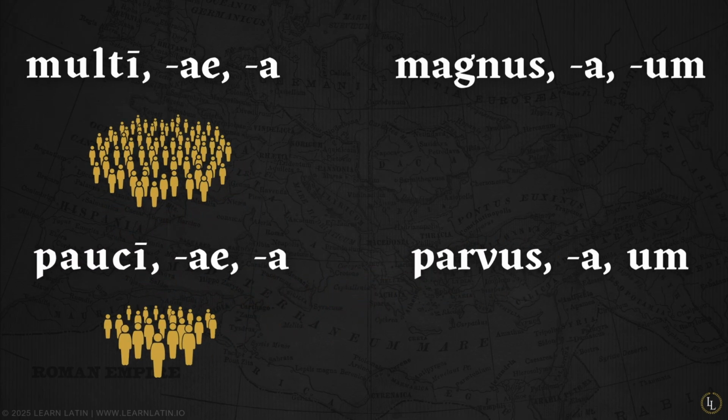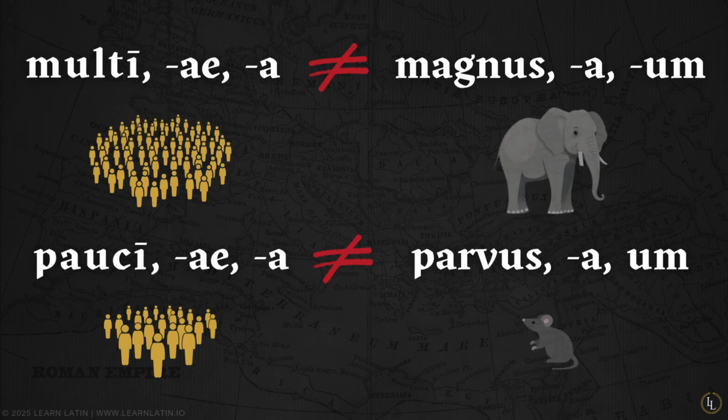It's easy to confuse multi, pauci with magnus, parvus, since they look a bit similar, but their meanings are different. Multi and pauci refer to number, how many things there are. Magnus and parvus refer to size or mass, how big or small something is.